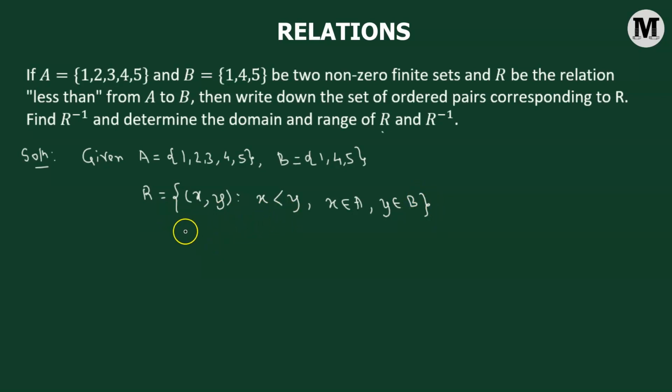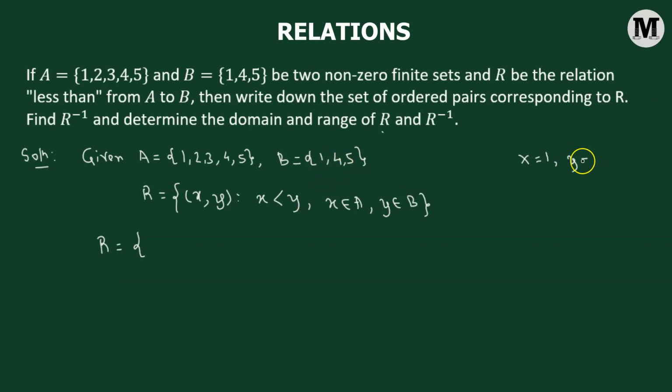Okay, let's begin. So we have the relation going from A to B, which means that R is going to be a set containing ordered pairs. So let's say if we consider the first element x to be equal to 1, then can we pick any element from the set B such that x is always less than that element y? We cannot pick y equal to 1 from the set B because 1 is not less than 1. However, we can pick 4 and 5.